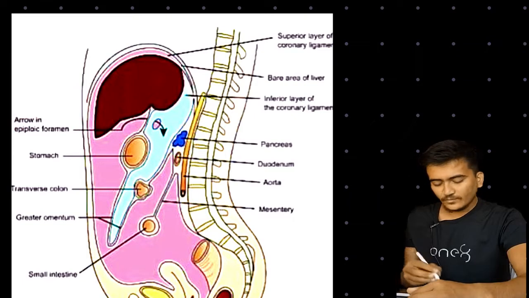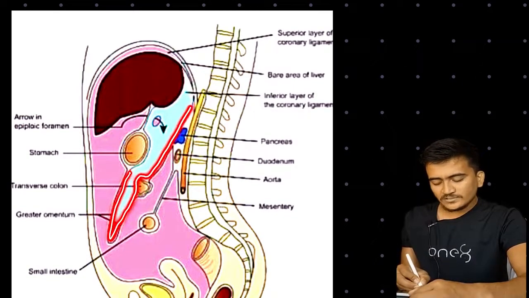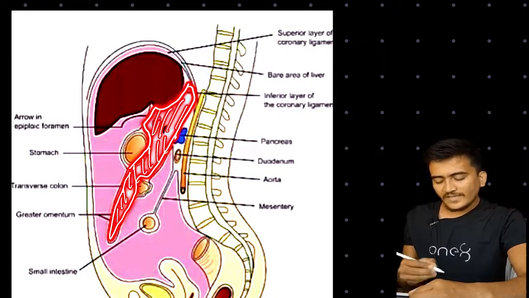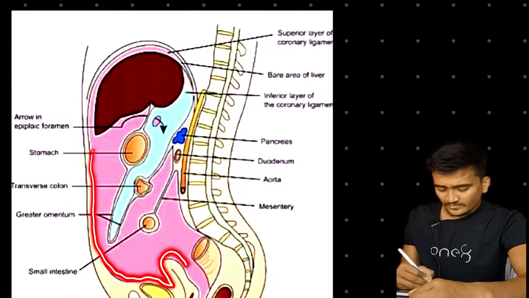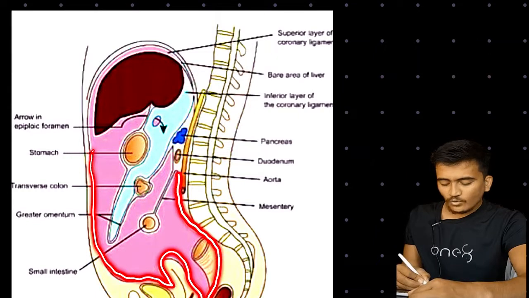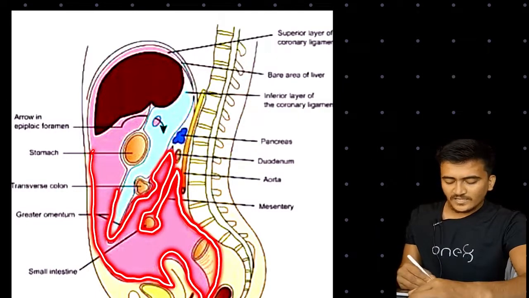The structure shown in sky blue color is all our lesser sac. And the remaining structure, whatever is shown in pink, is our greater sac. Everything here is our greater sac.